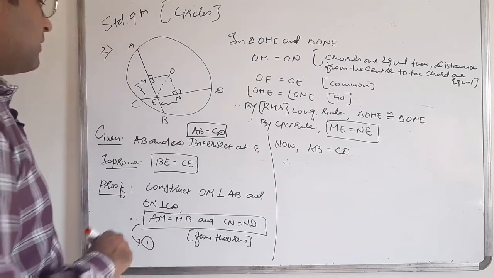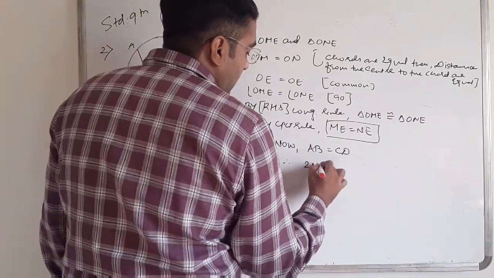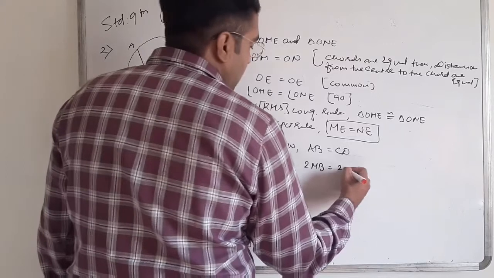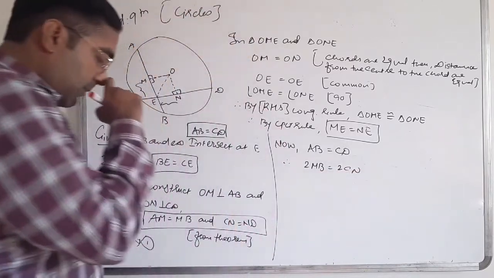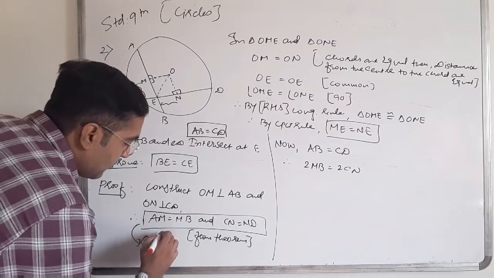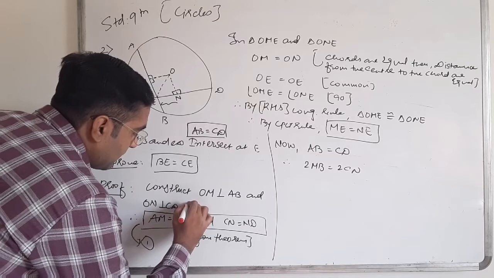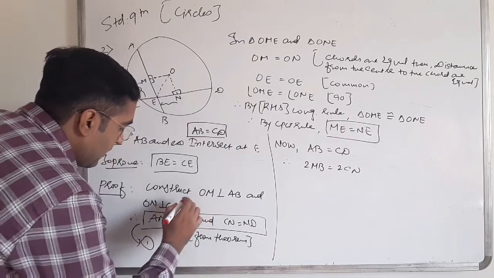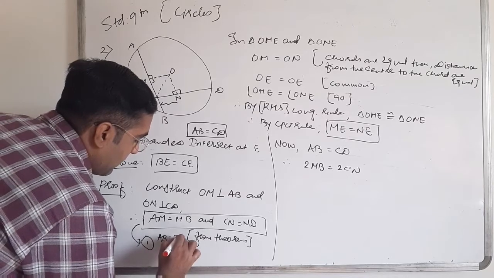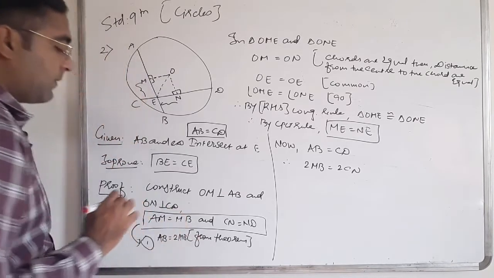So I'll write 2 times MB is equal to 2 times CN here. Okay. Because of equation 1 we should also say that AB is equal to 2 times MB, okay.